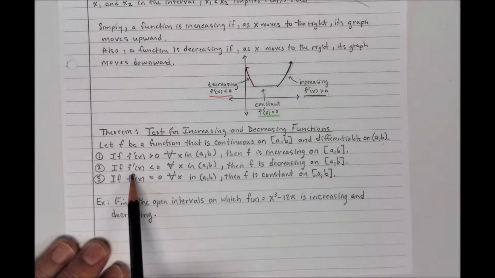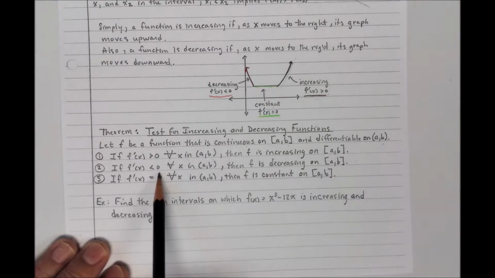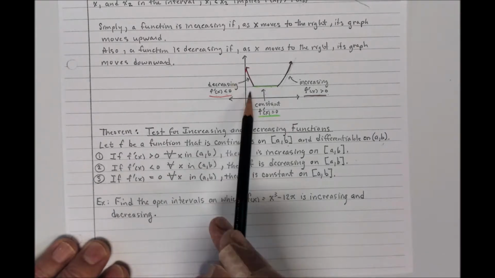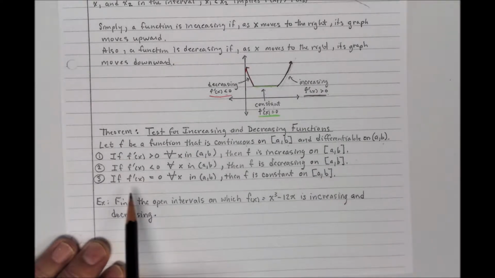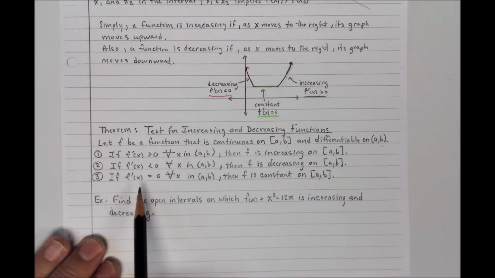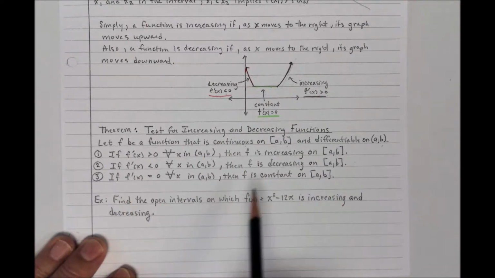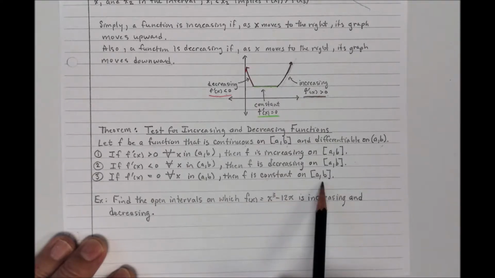If f prime of x is less than 0 for all x in a, b, then we say f is decreasing on the closed interval from a to b. And if f prime of x is equal to 0 for all x in the open interval a, b, then we say f is constant on the closed interval a, b.